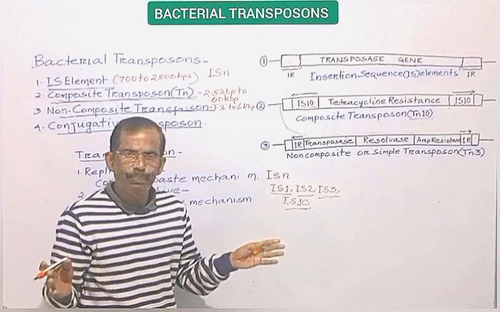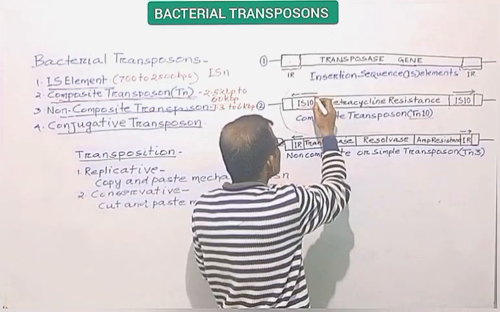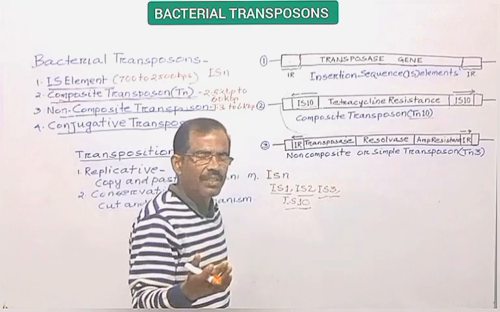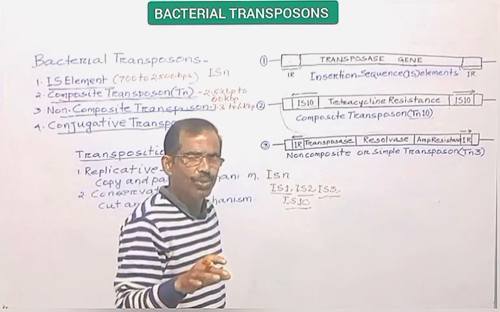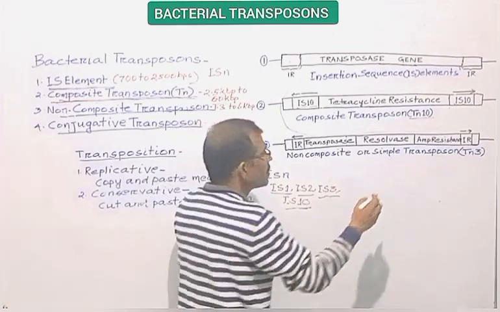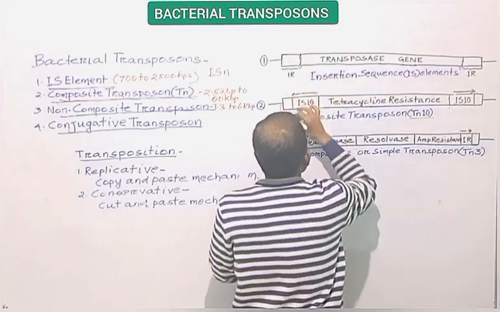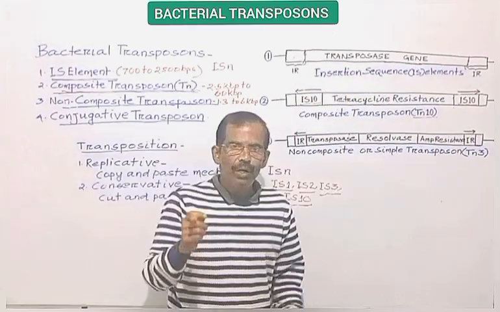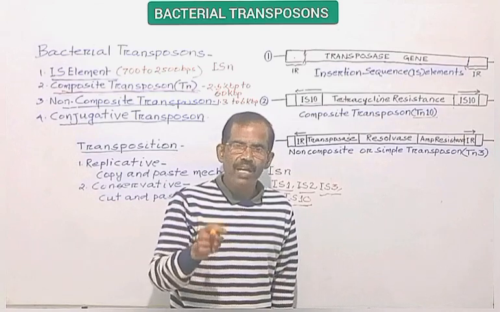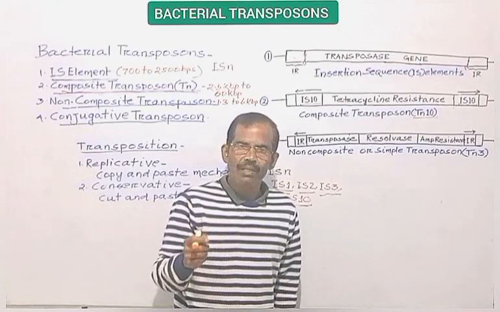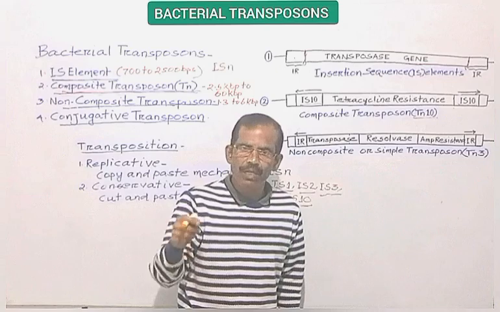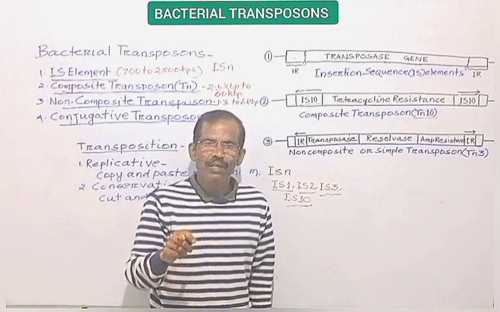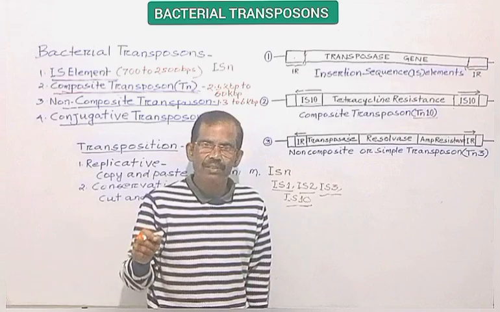The inverted repeats which are present in these insertion sequences are recognized by the enzyme transposase. As a result, the complete genetic element is transposed as a single unit. Composite transposons transpose from plasmid to bacteria and also between bacteria, thereby contributing to the spread of antibiotic resistance.